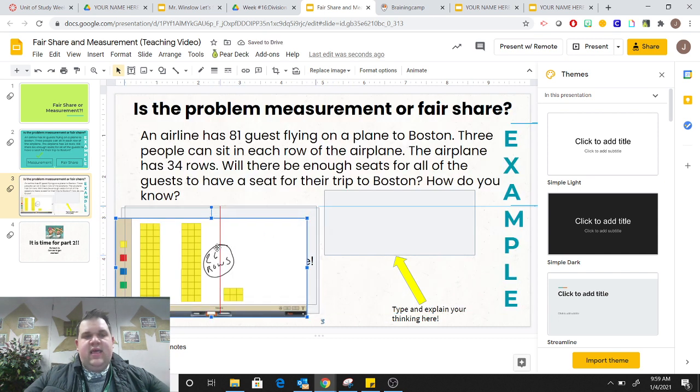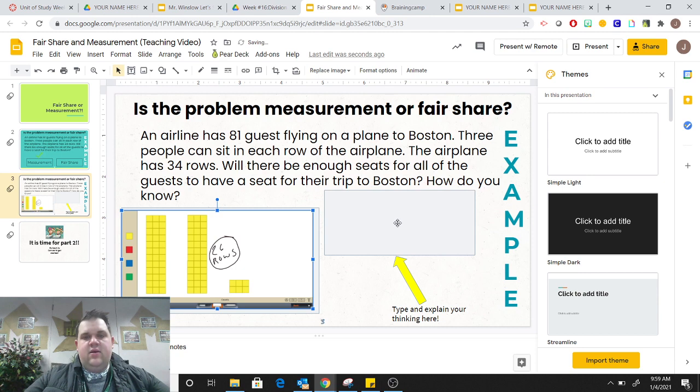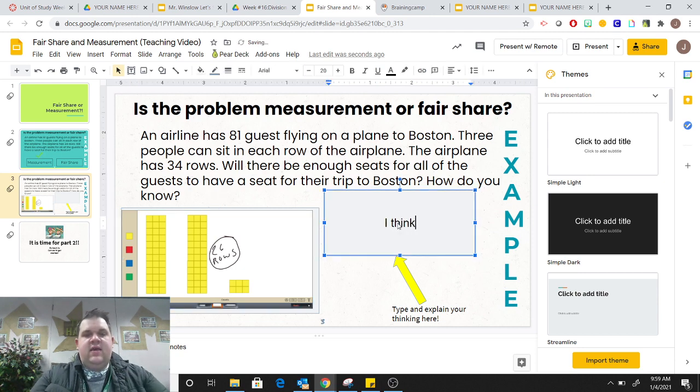Now I need to explain my thinking. So I think there will be 26 rows filled if there are 81 guests.